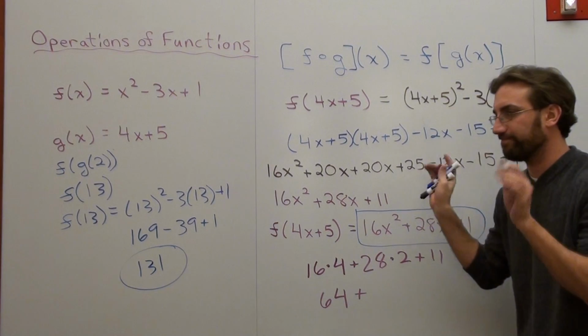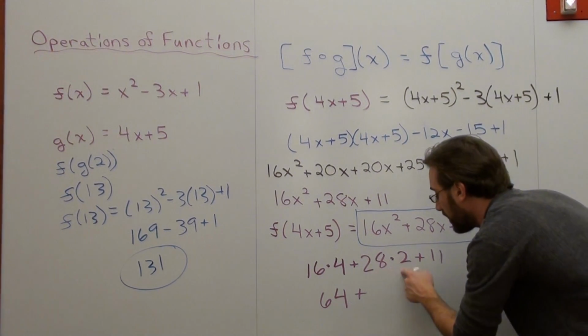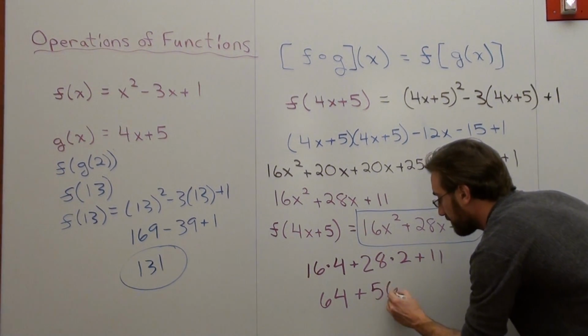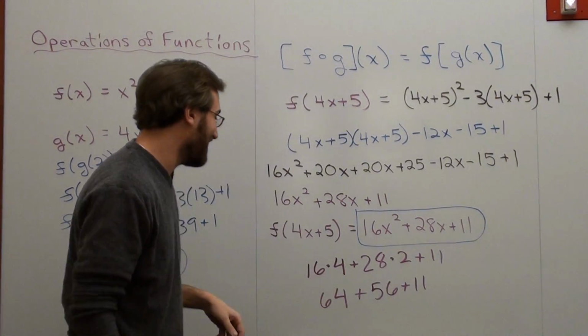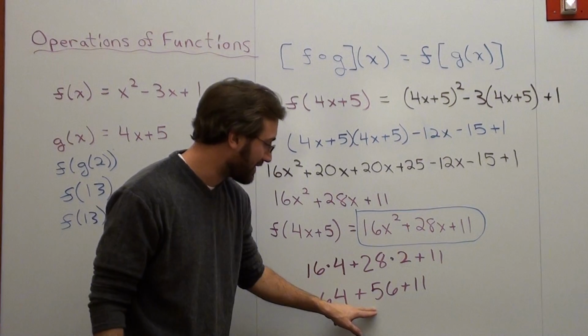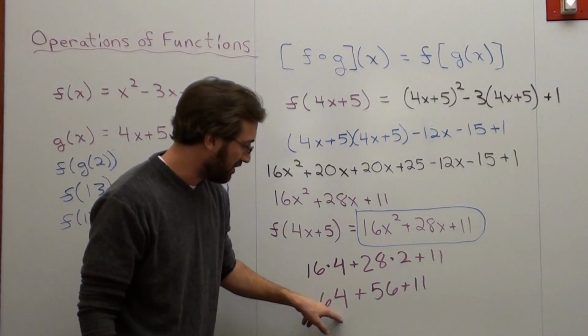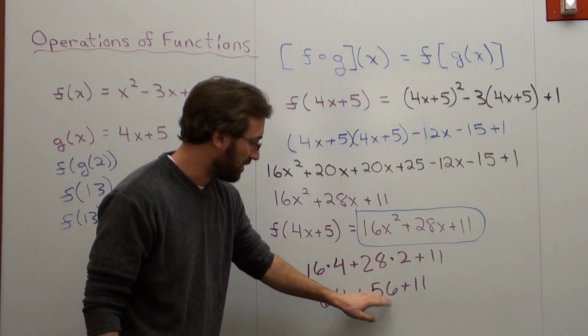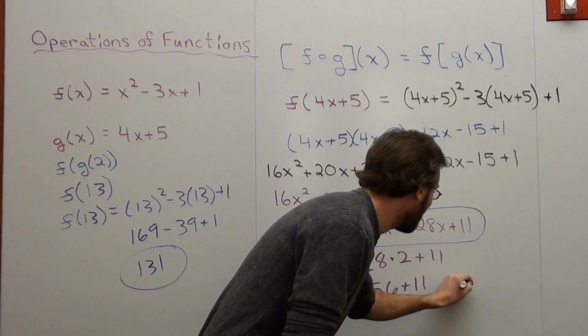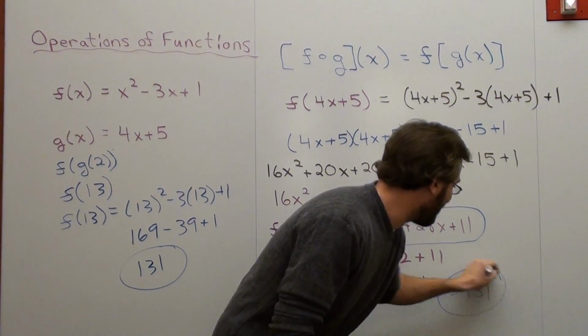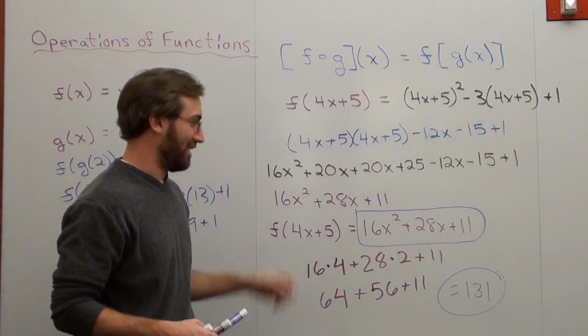I just wasn't paying attention. 28 times 2 is 56 plus 11. 64 plus 56 is 110 plus another 10, which is 120. 120 plus 11 is 131. Woo! I knew it was going to be right.